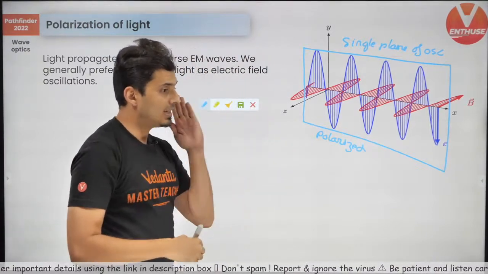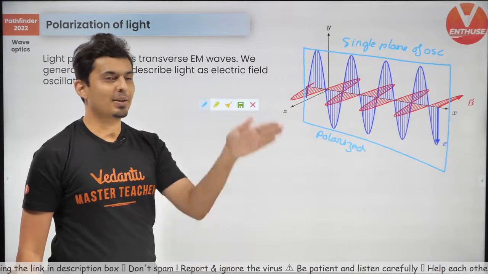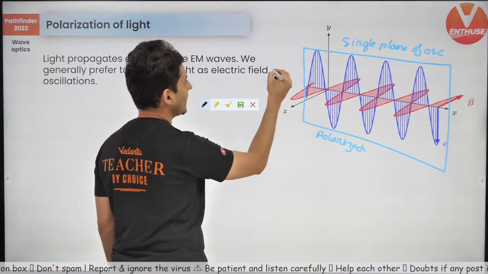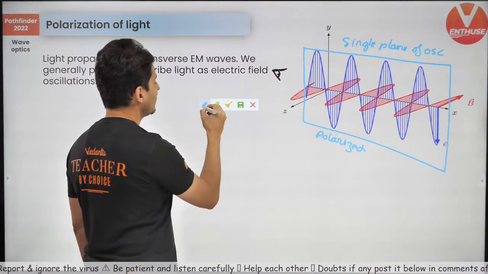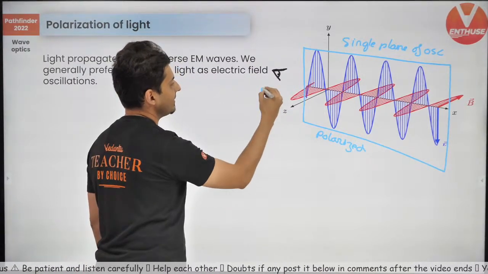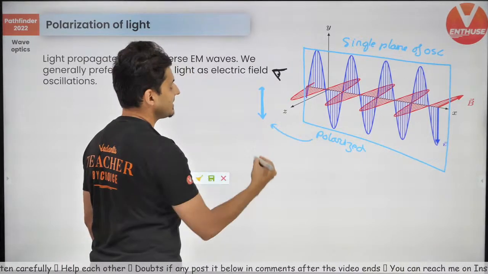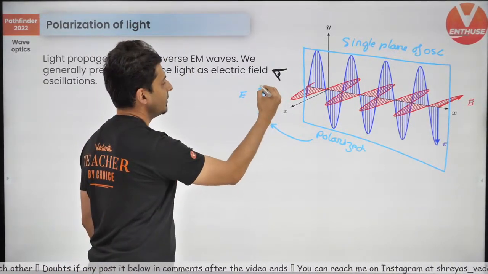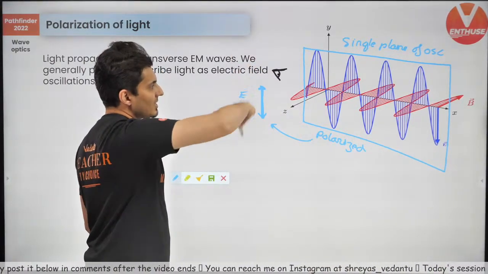This is polarized, that means there is only one plane in which there is oscillation of the electric field. If one were to look at it from behind, what he would see is the light's electric field goes up and down like this. So this arrow mark shows that the light is polarized. This is how the electric field oscillates up and down.